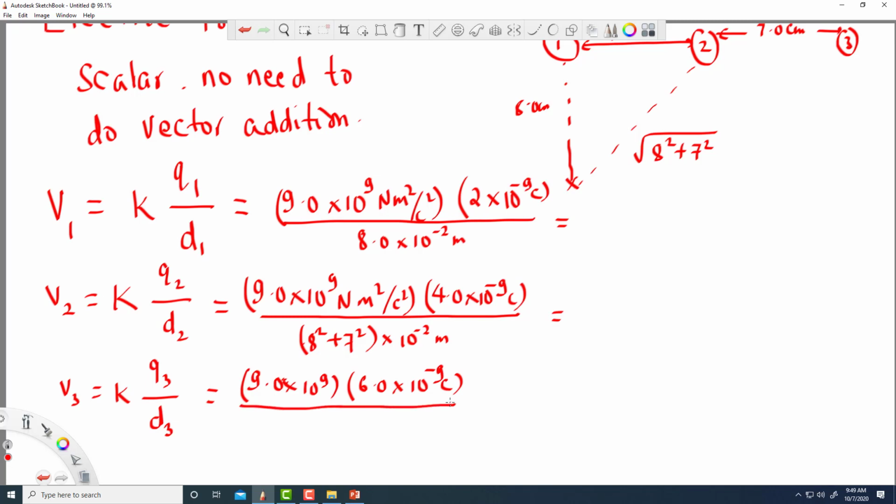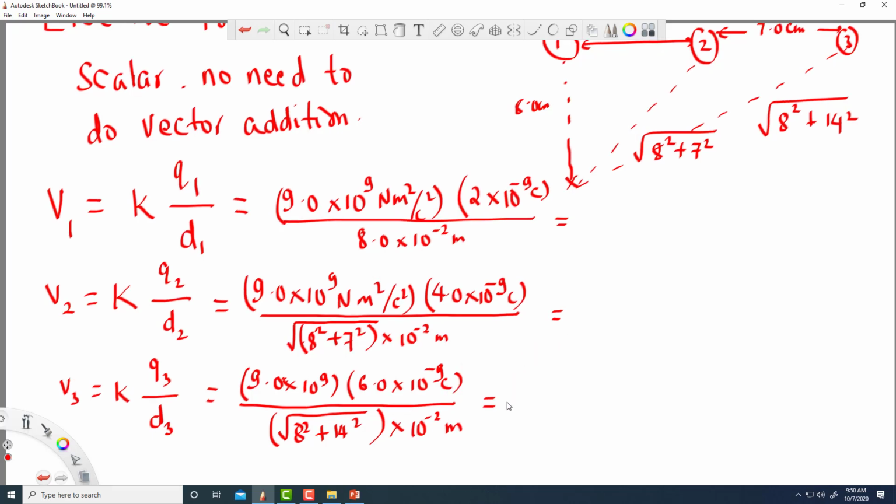And then the distance is the square root of 8 squared plus 14 squared. I didn't put the square root at first, so I need to put it here. That's in centimeters, so I need to convert that to meters, 10 to the negative 2 meter. Tell me the numbers if you have them. I don't have answers with me.